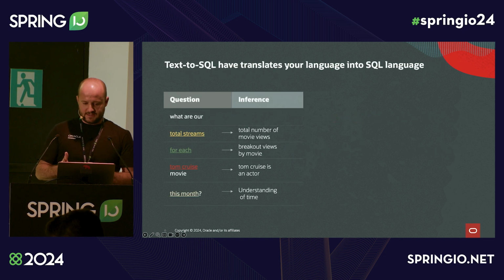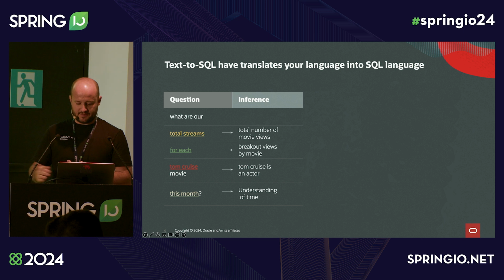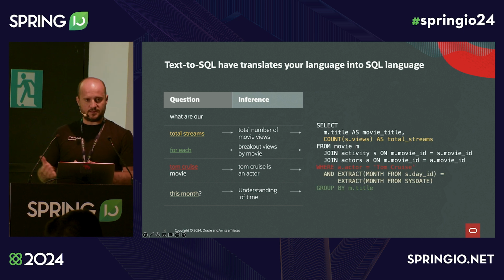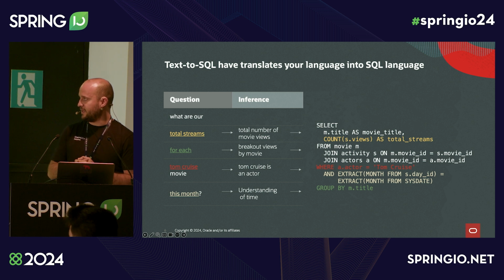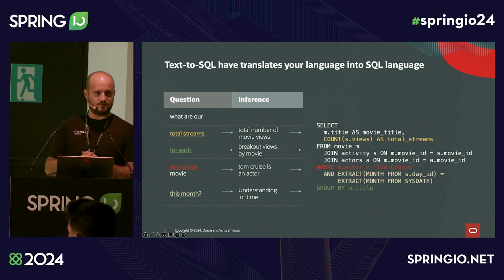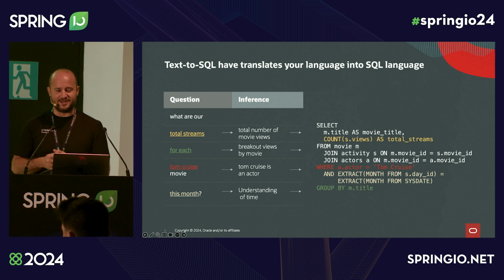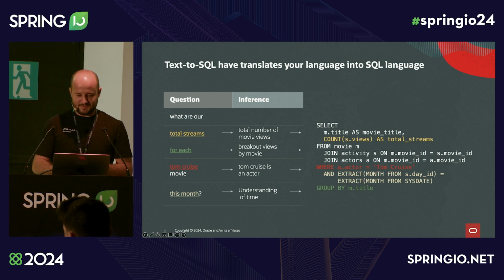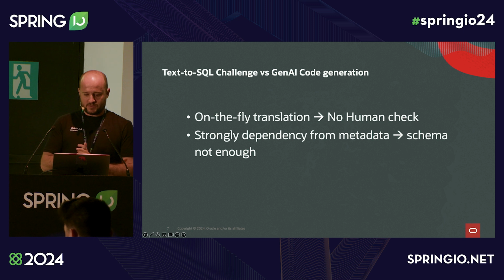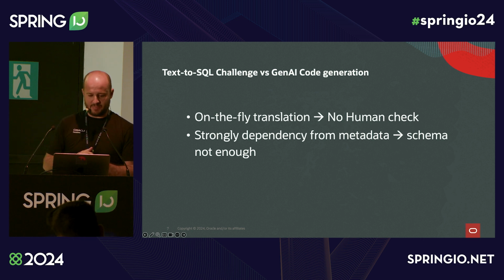So if we look at this, the inference will be in that direction, and what we want at the end is the query, that query. If I have to build it, I think it won't take a lot of time, but probably you have to double check the names of the columns, the name of the tables, the foreign keys, and things like that. So let's see what type of information you need and what you would think on the bigger picture.